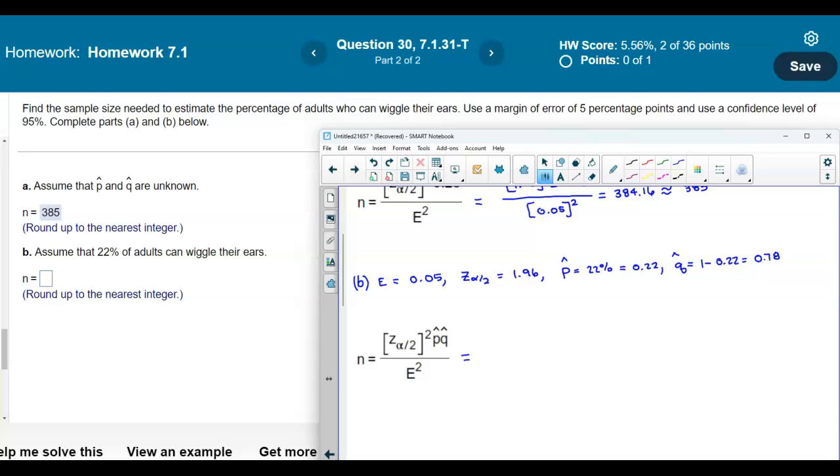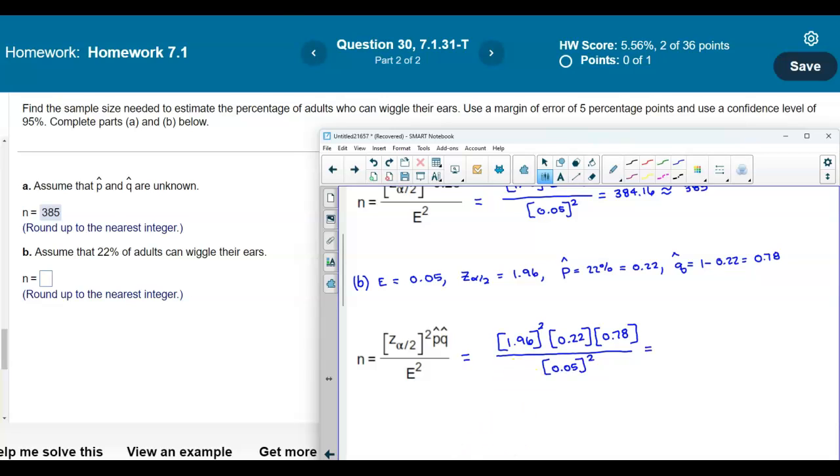So n equals the critical value of 1.96 squared, times the point estimate of 0.22, times the complement of the point estimate, 0.78, and then we divide that by the margin of error, 0.05 squared.